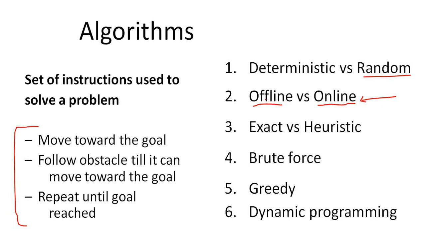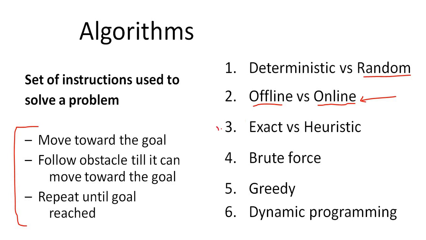But in the other case, the offline algorithm, first the algorithm needs an input like a map. It runs after that, and once the path is there, the robot starts moving. So it was some kind of, you can say, step-by-step approach.